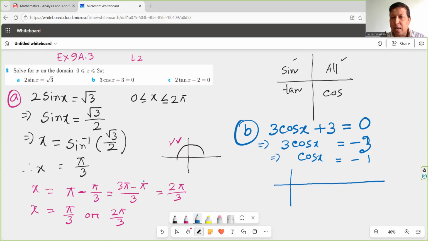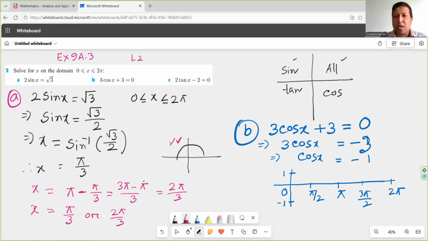Like here, I want to sketch the cos graph. 0, this is pi by 2, that one is pi, this is 3 pi by 2, that one is 2 pi. Now, maximum value is 1 here, minimum value is minus 1.